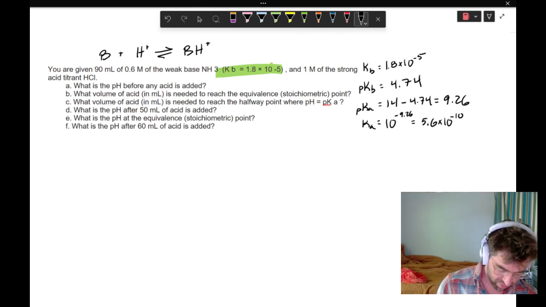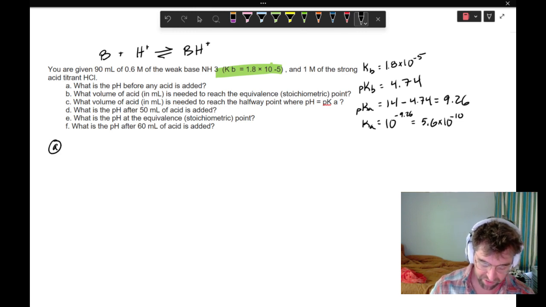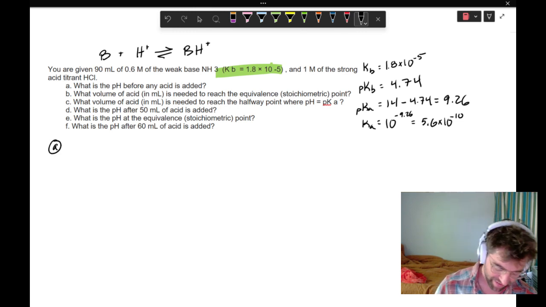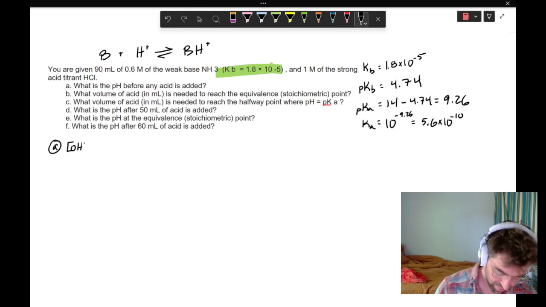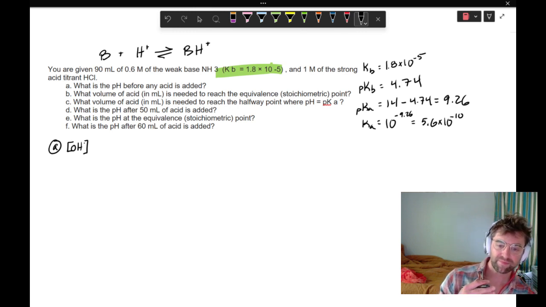So for the first one, what is the pH before any acid is added? This is just asking for our initial point, but we're dealing with a base. So we're going to have ammonia reacting with water to form hydroxide ions.